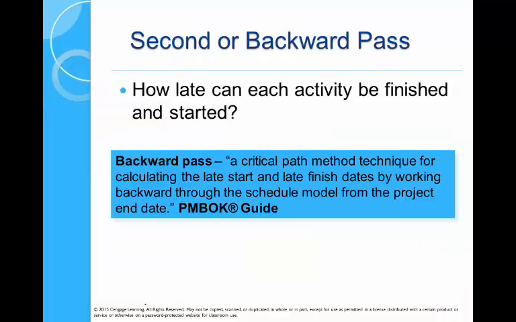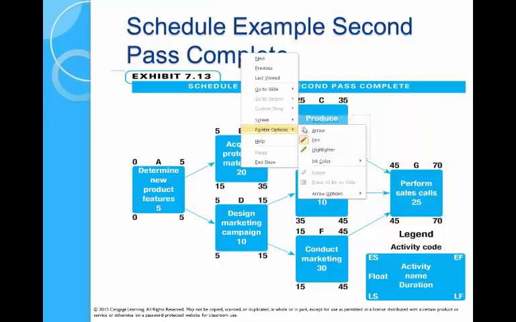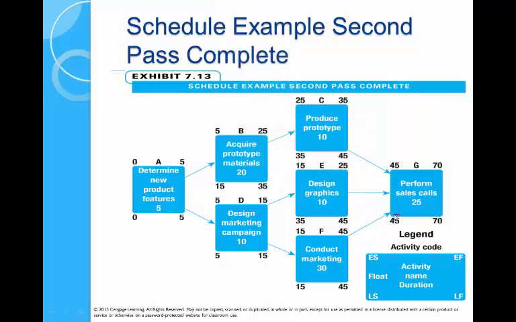So a backward pass, we've just done the forward pass, we've gone early start, early finish. A backward pass is all about calculating the late start and late finish, and then identifies the float. So here you can work through this on your own, but we've got the latest start time for perform sales calls is 45. So all of these, their latest finish time is 45.